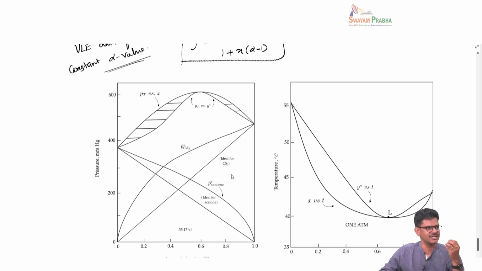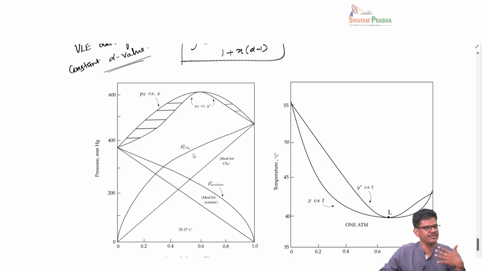So clearly it is a non-ideal solution. Similarly, acetone, the other component here, also deviates quite a bit from the Raoult's law prediction. The straight lines are from Raoult's law, the actual lines are shown here. This is for carbon disulfide and this is for acetone.